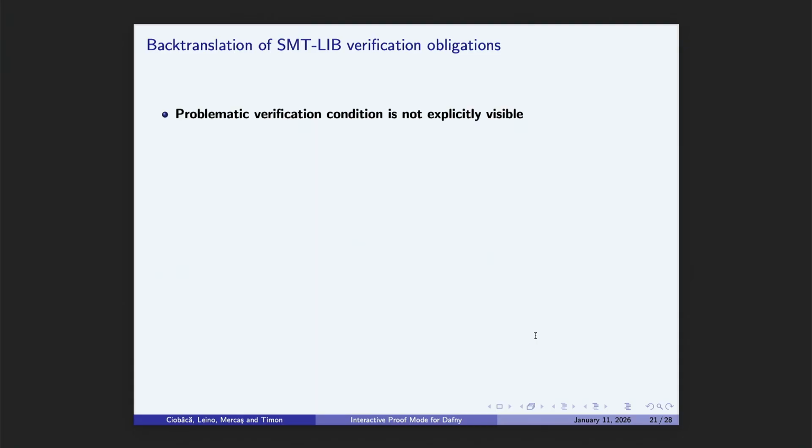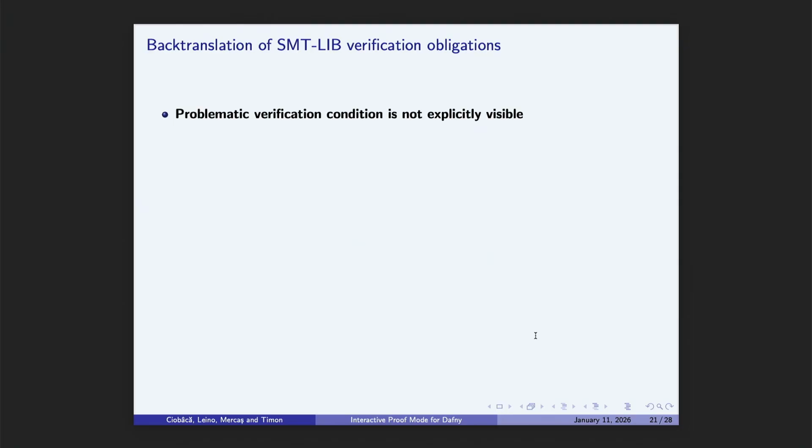Now I will explain a little bit how the proof mode works behind the scenes. I have told you that in Dafny', typically the problematic verification condition is not explicitly visible. You can sort of recreate it if you look at the line that is failing the verification, but you can have some invariants that are known, some preconditions, and so on and so forth.